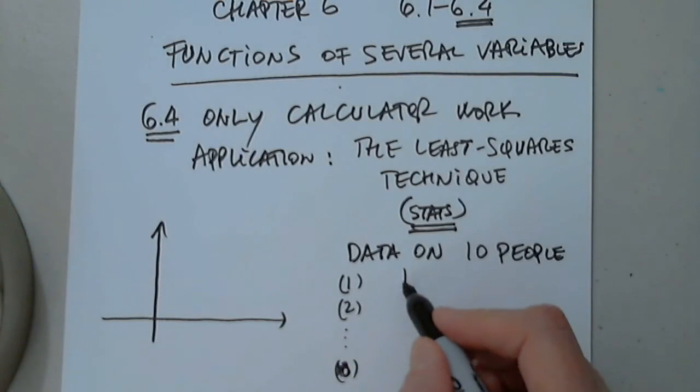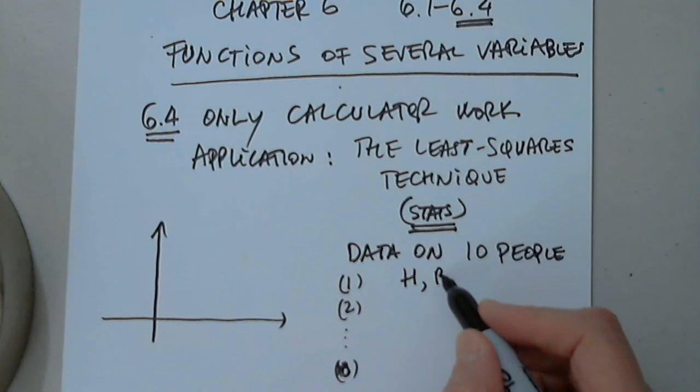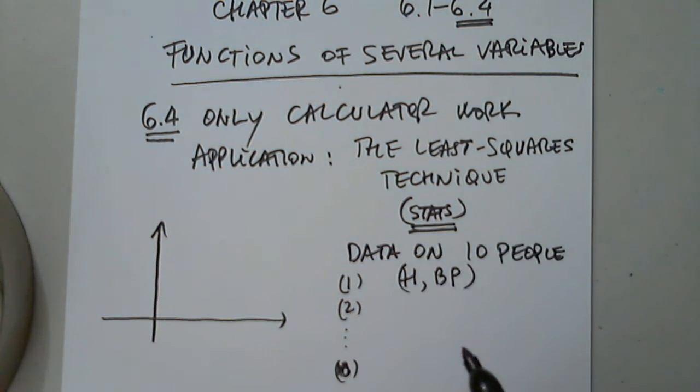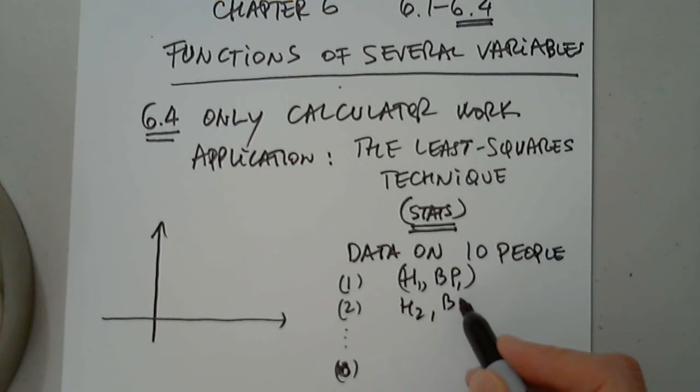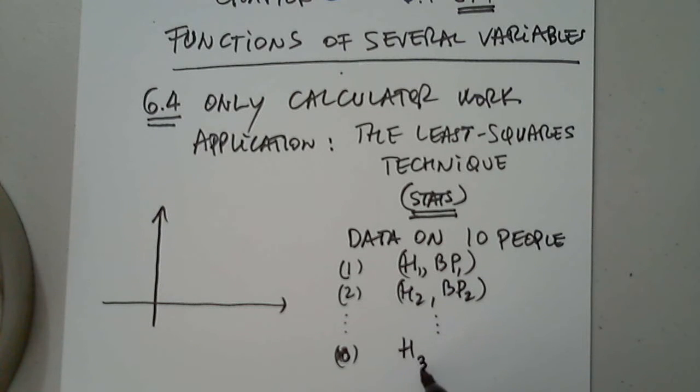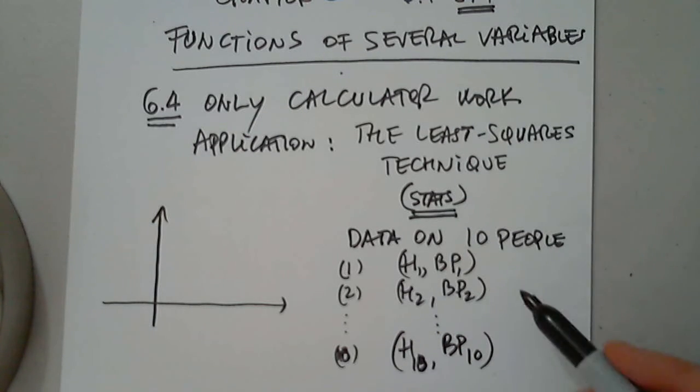I measure your height and blood pressure. It means that I have 10 ordered pairs.